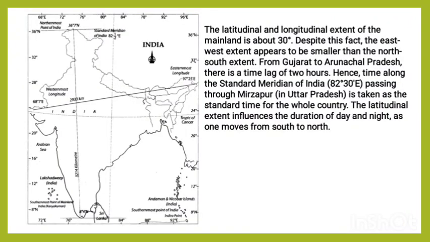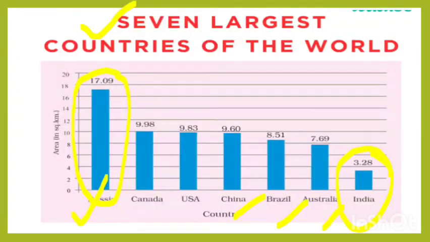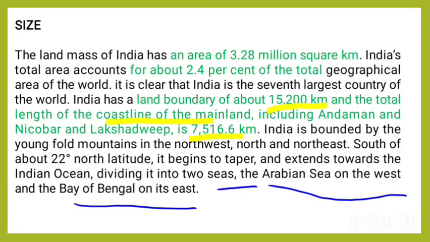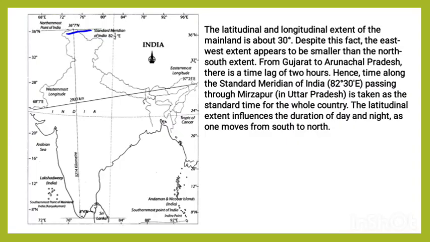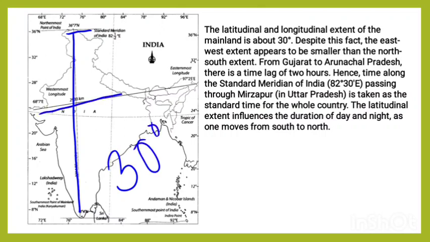Because the latitudinal extent, from the northernmost point 37 degrees 6 minute north to 8 degree 4 minute north, in this north-south direction, the latitudinal difference is almost 30 degree, and the east-west difference is also almost 30 degree.